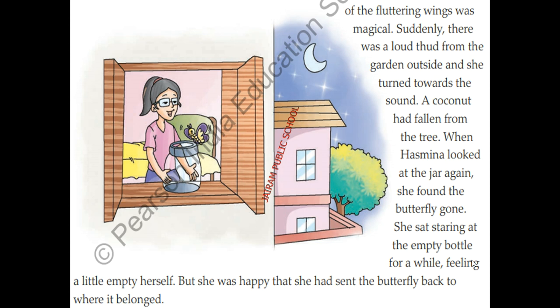A coconut had fallen from the tree. When Hasmina looked at the jar again, unfortunately, she found the butterfly gone. She sat staring at the empty bottle for a while, feeling a little empty herself. But she was happy that she had sent the butterfly back to where it belonged.